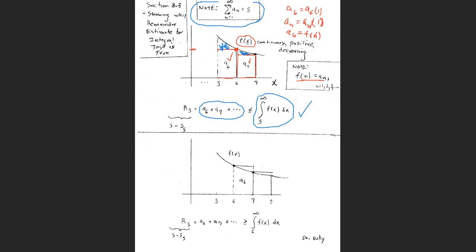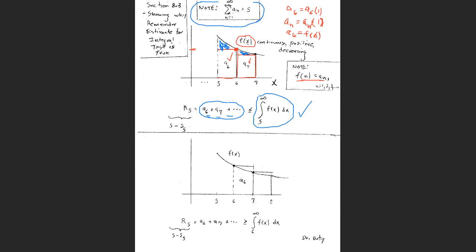So the area underneath the function is certainly more than the areas of these rectangles, and the areas of the rectangles are the terms of the series.